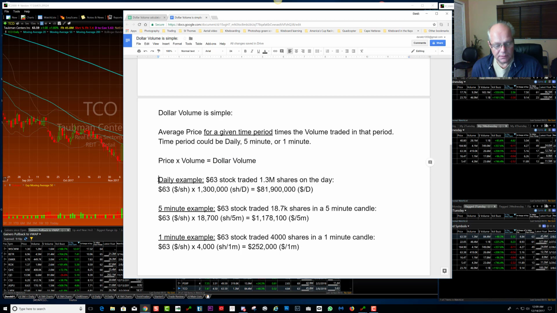An example of daily is a $63 stock that traded 1.3 million shares on the day. That was TCO today. And for you math guys, here are the units, so you can check they work out. A $63 stock means $63 per share, and it traded 1.3 million shares per day.